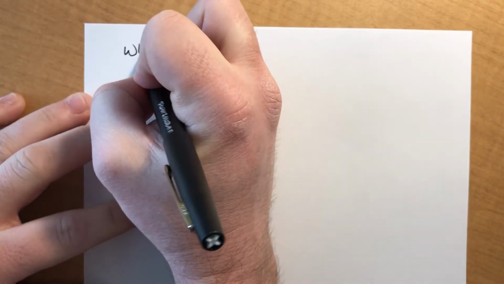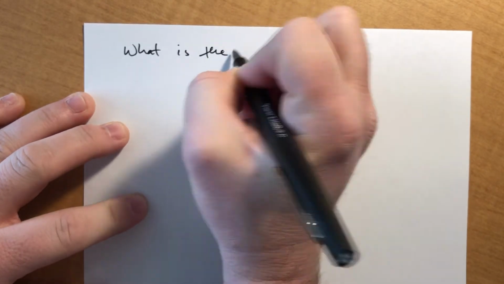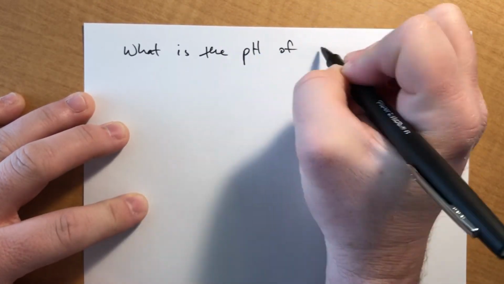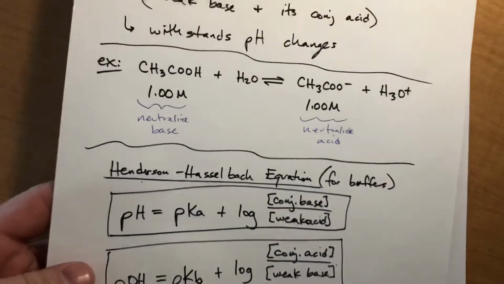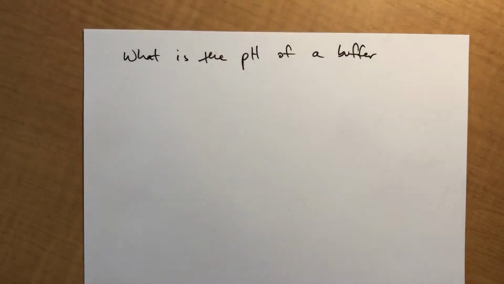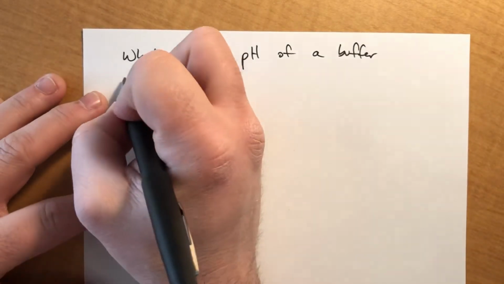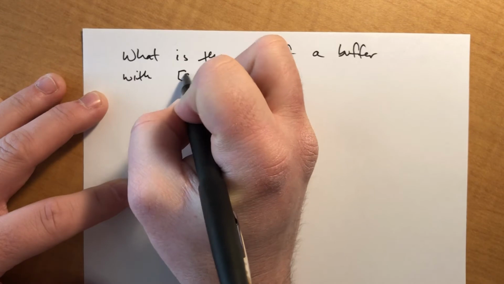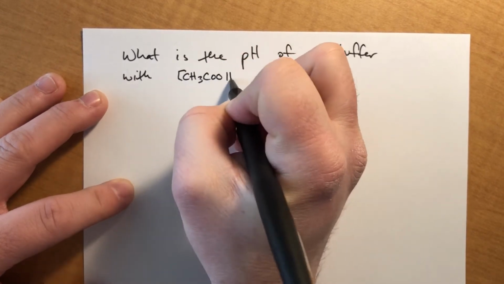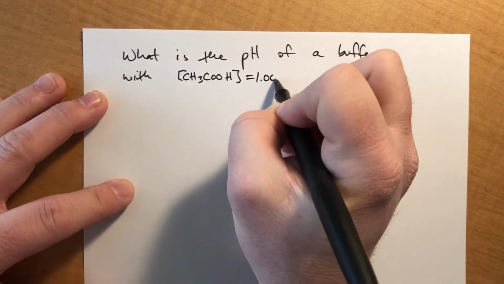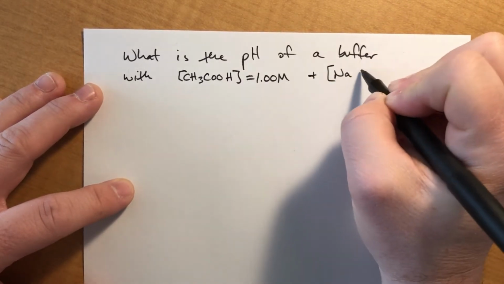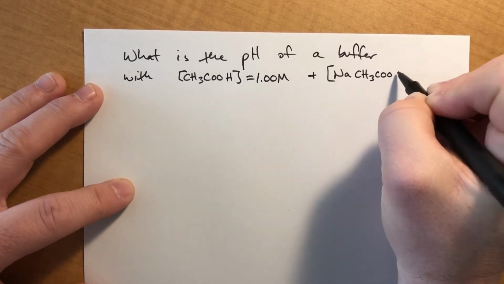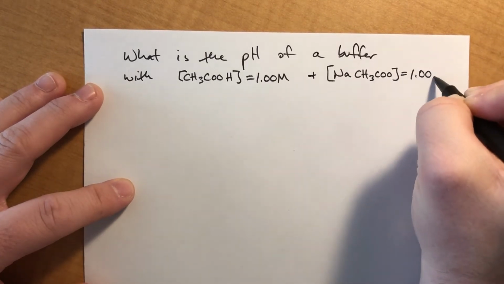So what we want to know is what is the pH of a buffer? Well, literally, let's do this one where we have 1 molar of this and 1 molar of this. The pH of a buffer with the concentration of CH3COOH, which is our weak acid, equal to 1.00 molar, that's acetic acid, and sodium acetate, which is our source of conjugate base, equal to 1.00 molar.